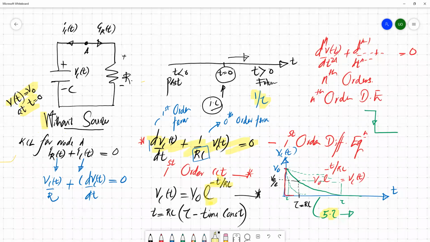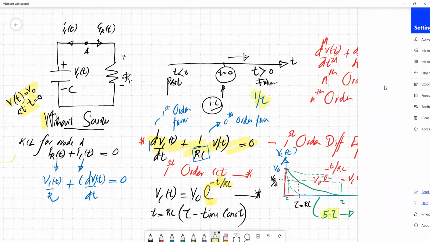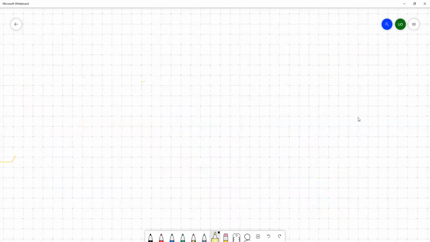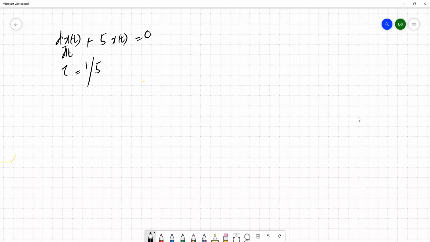So if it is a first order circuit, by looking at the coefficient of the zeroth order term, you can immediately find the time constant. Let's take a small example. You have a differential equation like this. What about the time constant? This time constant is 1 over 5.